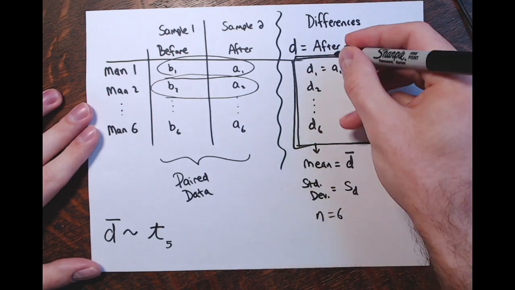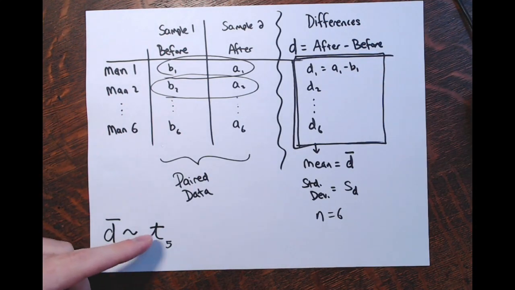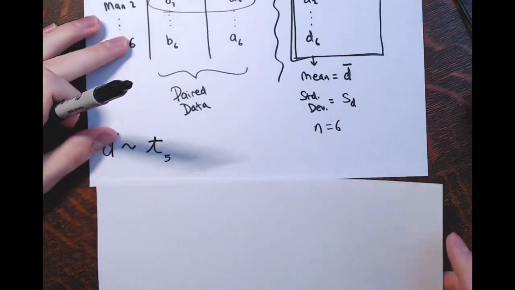There are 6 values in this one sample of differences, and when you're doing a t-test with one sample, the number of degrees of freedom is the sample size minus 1. So I'll keep in mind that we have 5 degrees of freedom. But this is neither here nor there. Let's get into setting up the hypotheses.